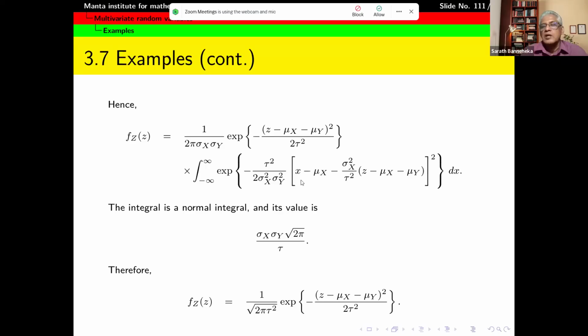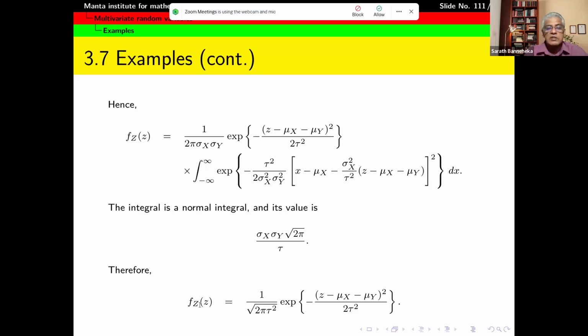So you can simply look at this. This is direct substitution. There's nothing much except some mathematical simplifications. So therefore, you will be able to easily get this expression as the density function of z.